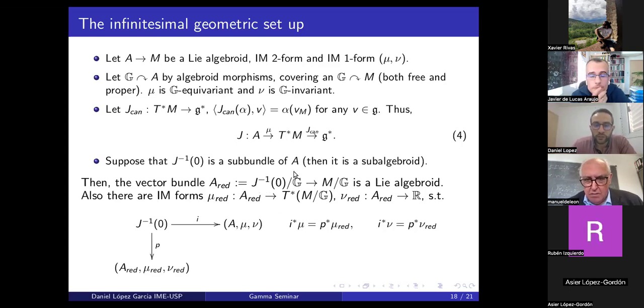So you can consider this vector bundle, and this vector bundle inherits a Lie algebroid structure, and it is possible to produce reduced IM forms, mu red from A red to the cotangent of this quotient, and this mu red is a map from here to here.